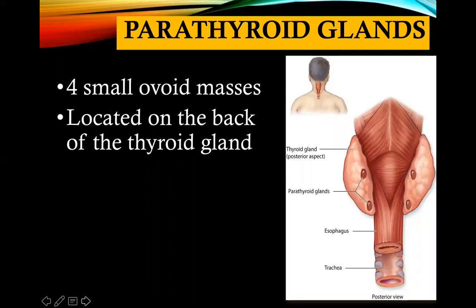Okay, this is an organ that is situated at the back of the thyroid gland. These are your 4 small ovoid masses called your parathyroid glands. In surgery, sometimes these parathyroid glands are accidentally removed during a thyroidectomy.